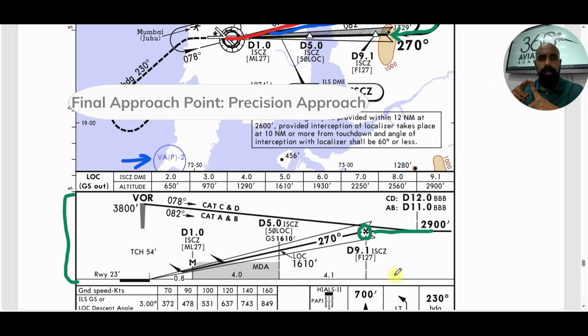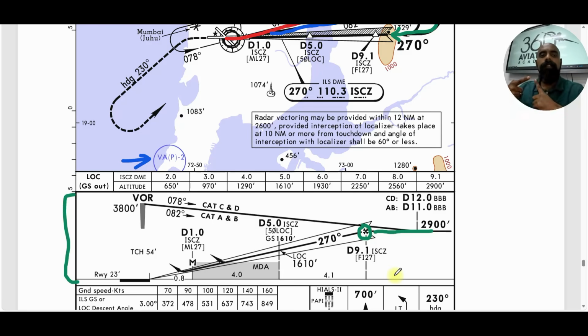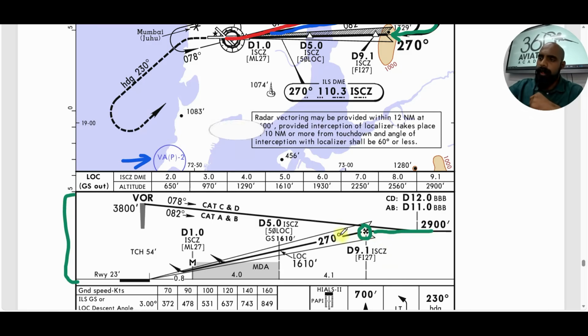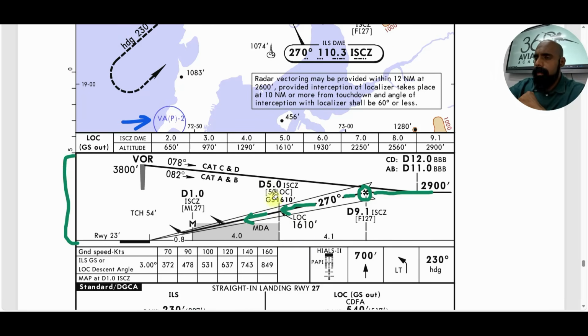If it's a non-precision approach, it's a final approach fix, where you are supposed to commence the descent manually. Okay, so FAF. And you can see the course also. That is the course that you will be established on, the localizer course 270, and then you keep descending all the way, right? Now, the last aspect of this is, to what point do we descend down to, right?